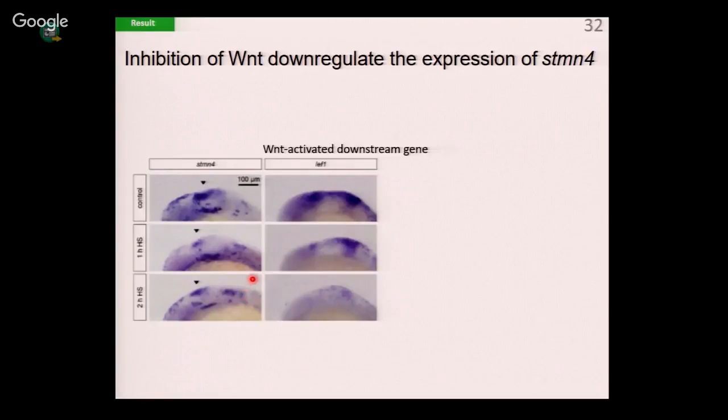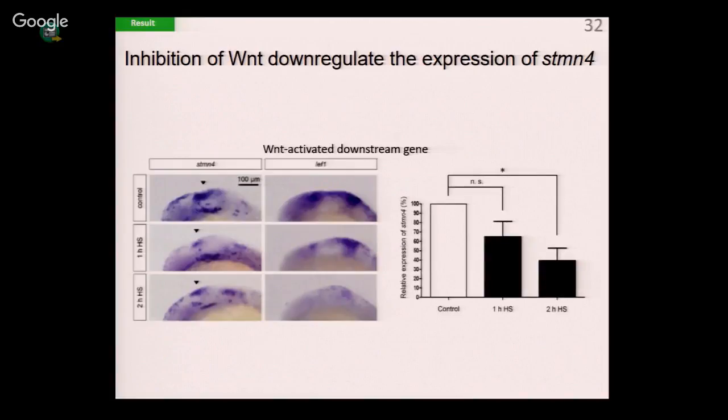We can see that LEF1 was reduced over time, showing that the inhibition of Wnt was successful. Then we can see that over time, a notable reduction of STEM4 expression is observed. These results are also shown by qPCR analysis of RNA expression in whole embryos in this graph. This indicated that Wnt signaling may regulate STEM4 expression at a transcriptional level.